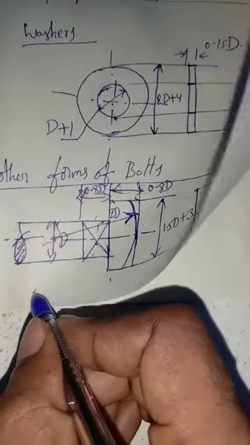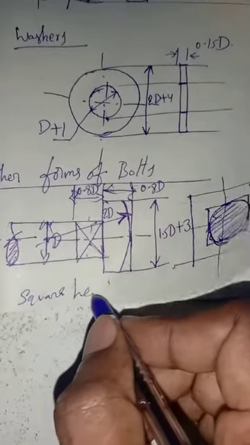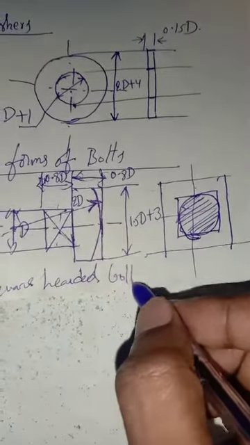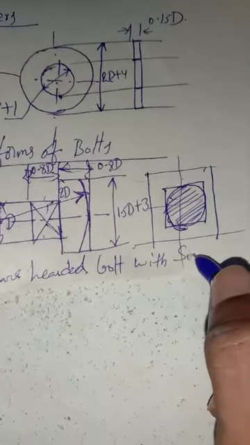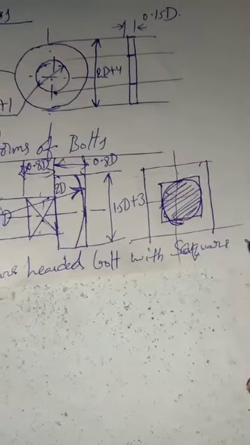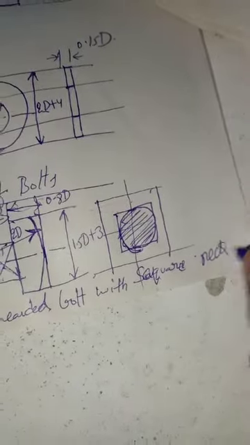And now this is called a square headed bolt with square neck. Square neck. Okay, so now we are going to see another one.